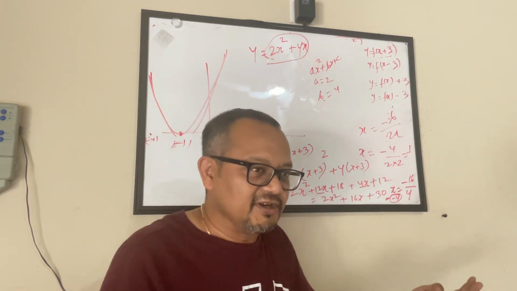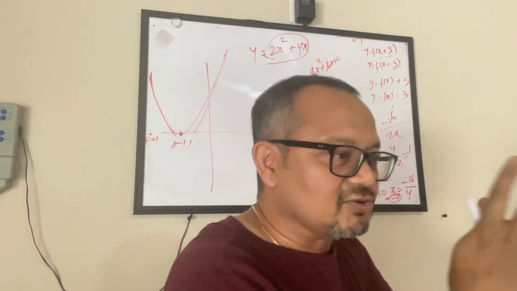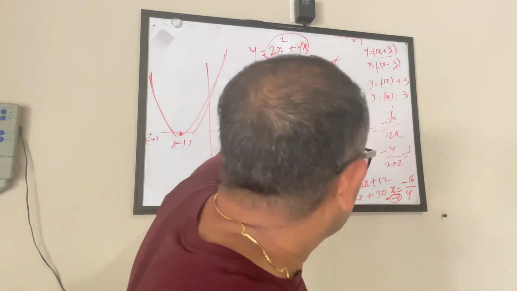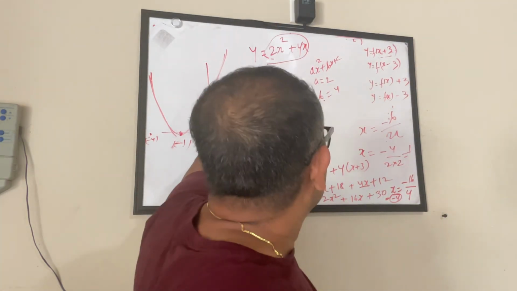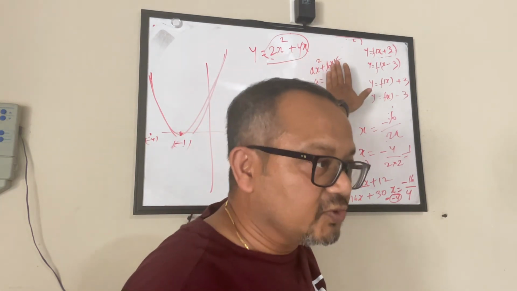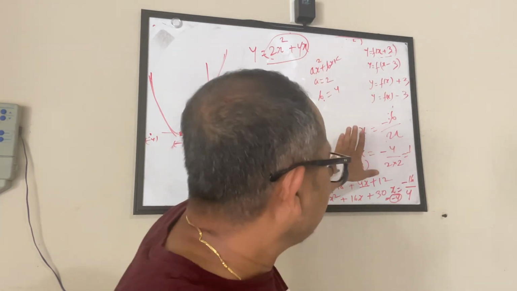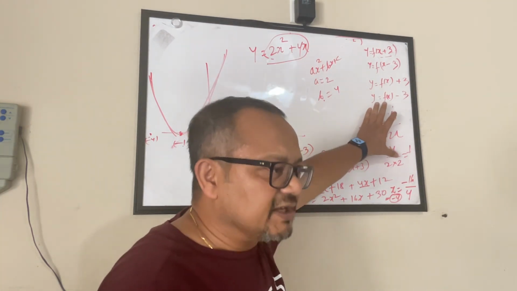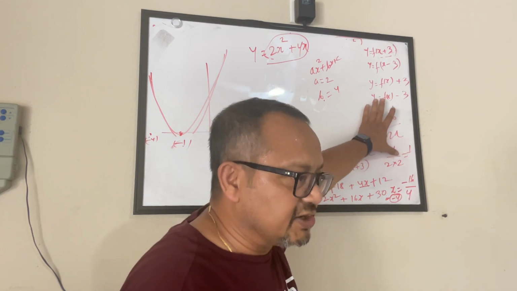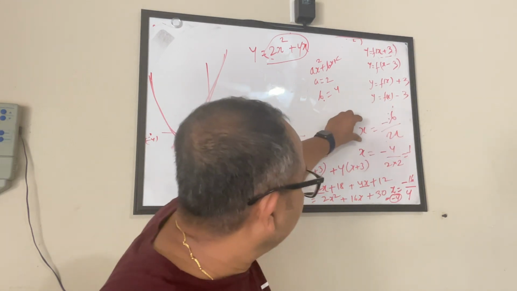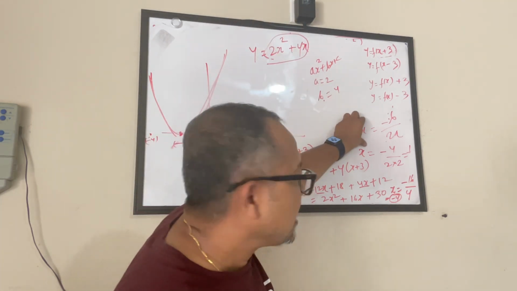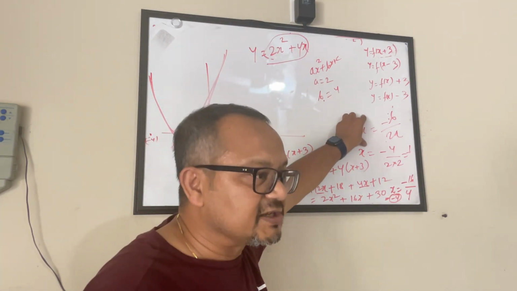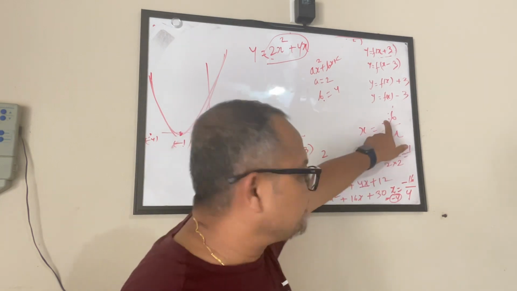It is confusing, right? Okay, let's go step by step. What am I doing so far? I have a quadratic function y equals 2x squared plus 4x. I have said that for any quadratic equation, the x coordinate of my vertex is minus b by 2a.